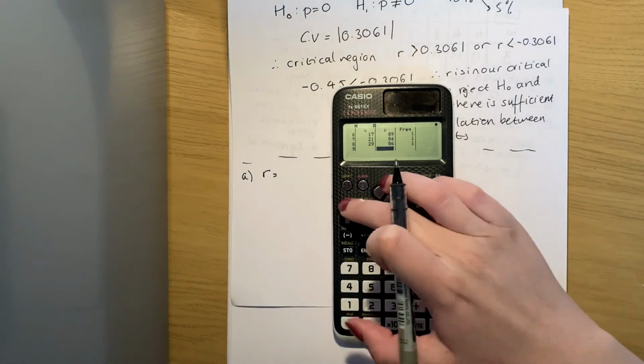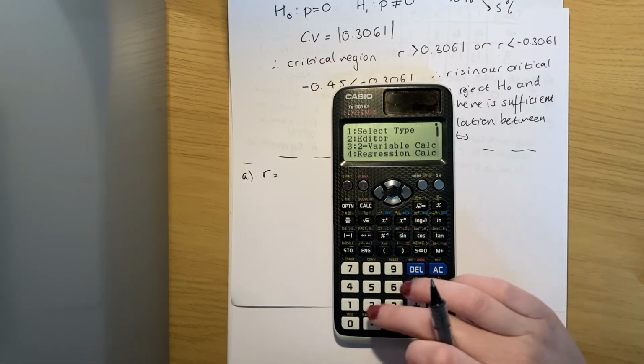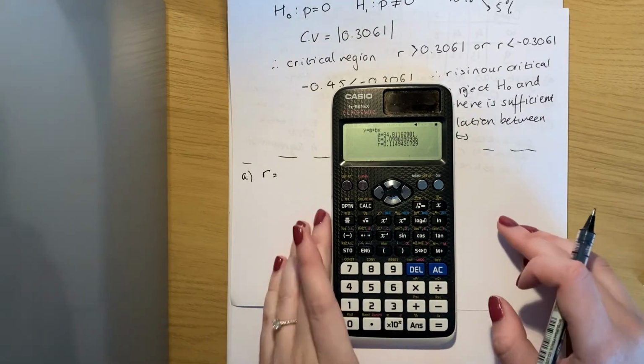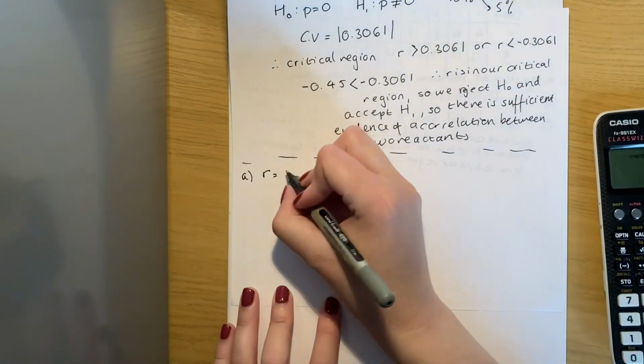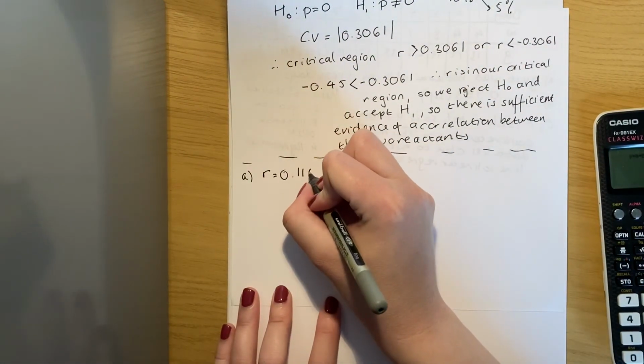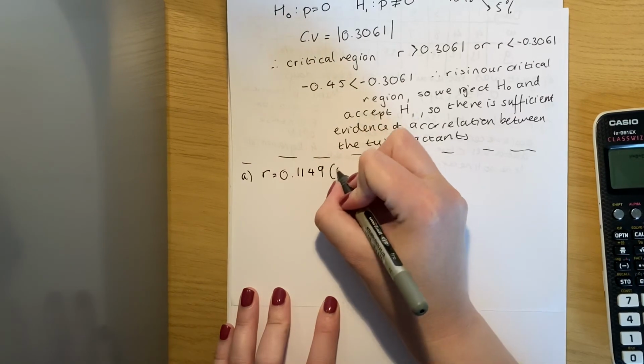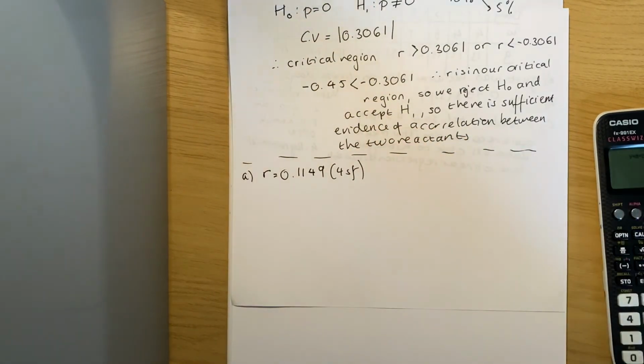Okay. Option regression calculation. So R is equal to 0.1149 to 4SF. Now I've done 4SF because I know that I'm going to be using that table. Okay. So it's going to be 4 significant figures.